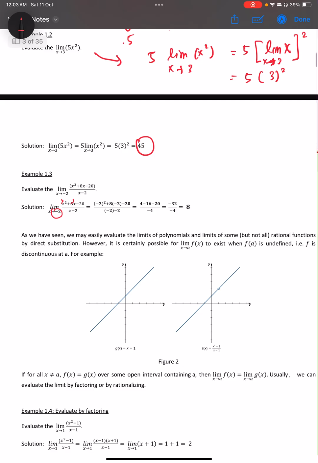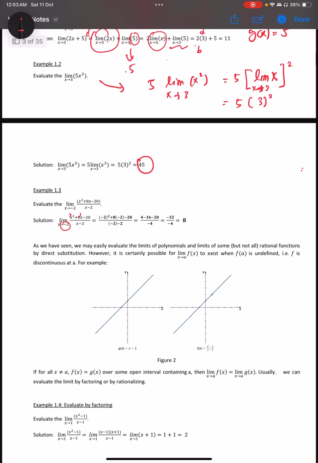As we have seen, we may easily evaluate the limit of a polynomial and the limit of some, but not all, rational functions, meaning that it exists at any point. It is continuous. So if it's rational and also continuous, we can use direct substitution. However, it is currently possible for limit f(x) as x approaching a to exist when f(a) is undefined, like this. f(a) is undefined, meaning that it is discontinuous at a certain point, like this case.